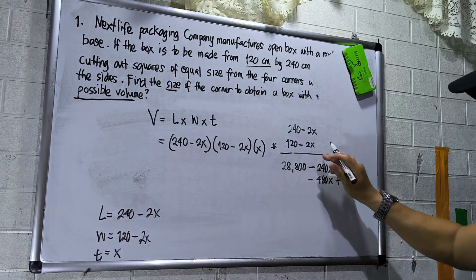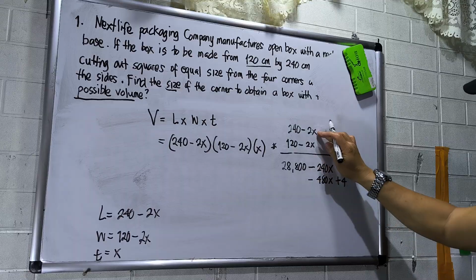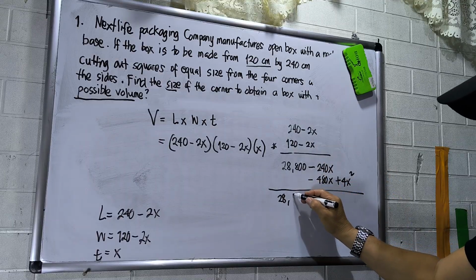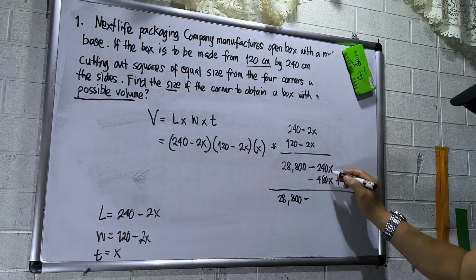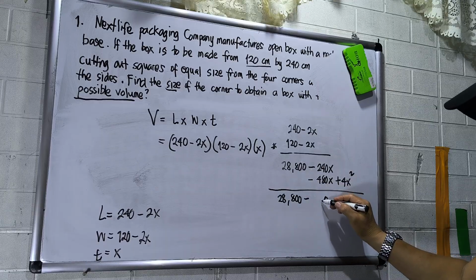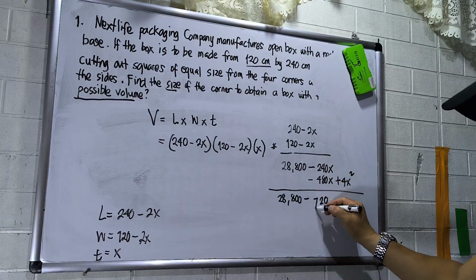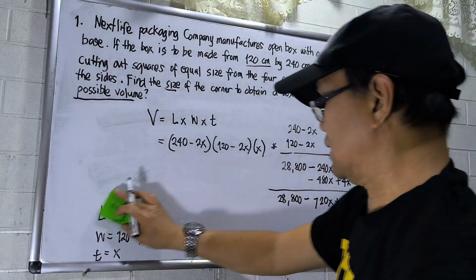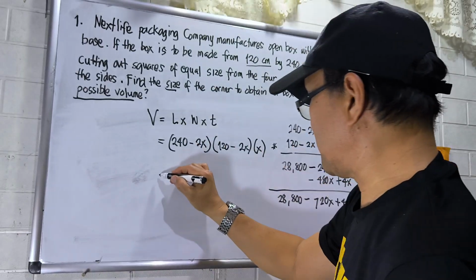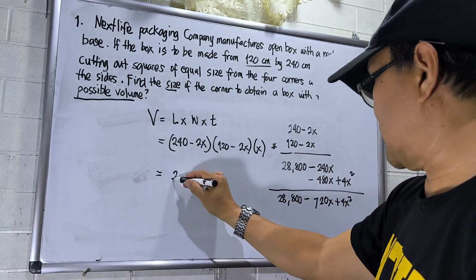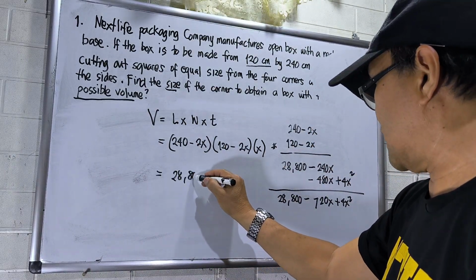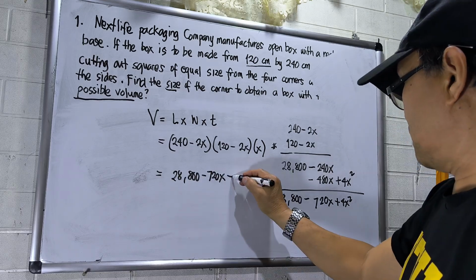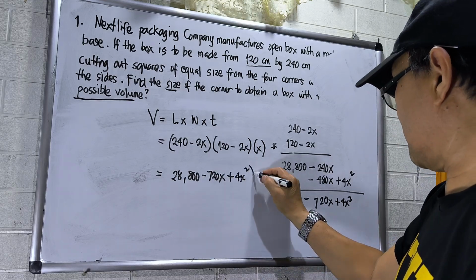And then plus 2 times 2 is 4, x times x is x squared. So this will be 28,800 minus 720x plus 4x squared.